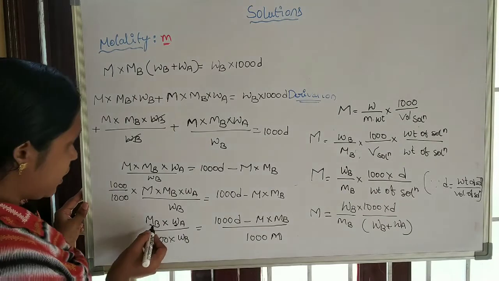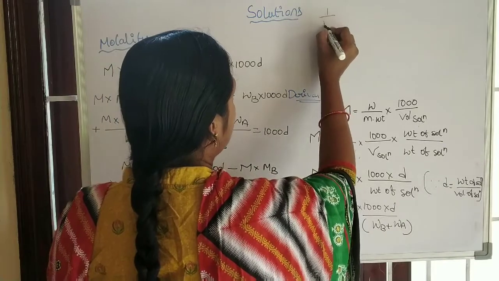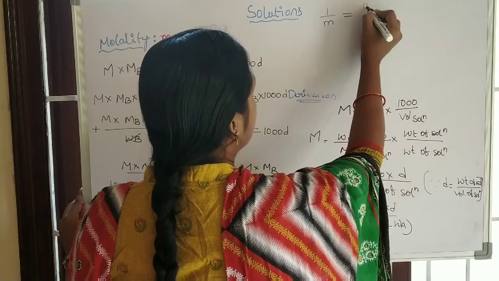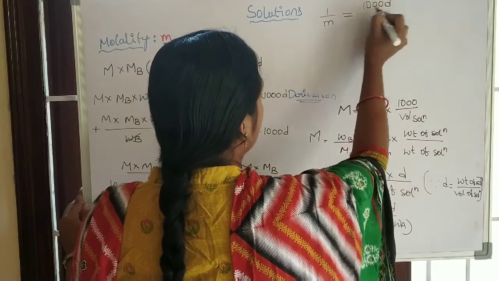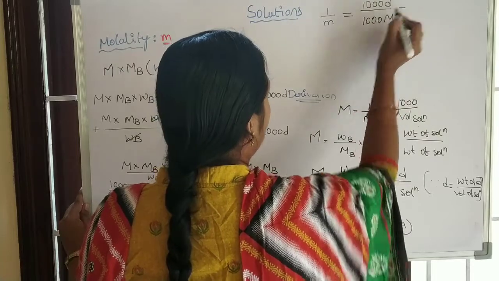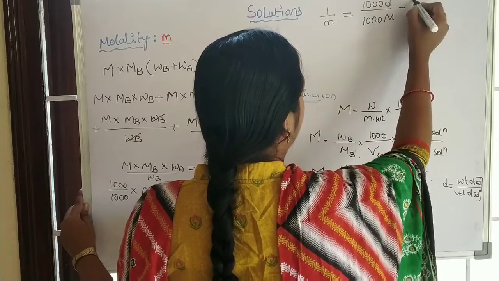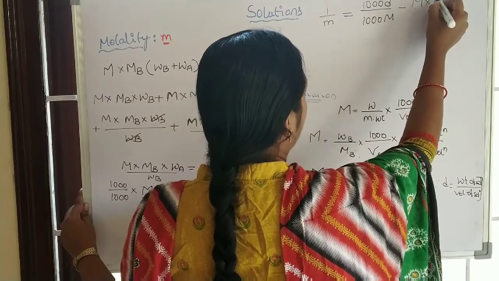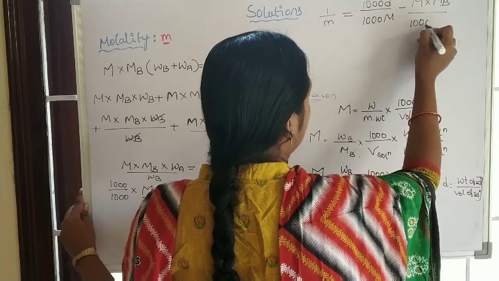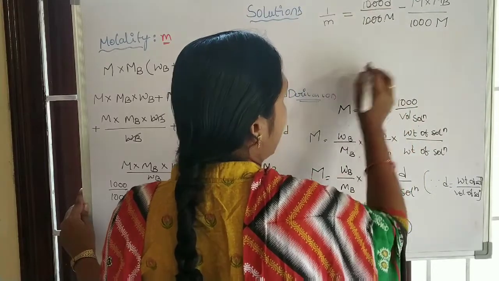See students, this is an inverse of molarity, means 1 by small m is equal to, write down this RHS into 1000 D by 1000 M minus capital M into MB by 1000 M. What happened? 1000 will be cancelled.